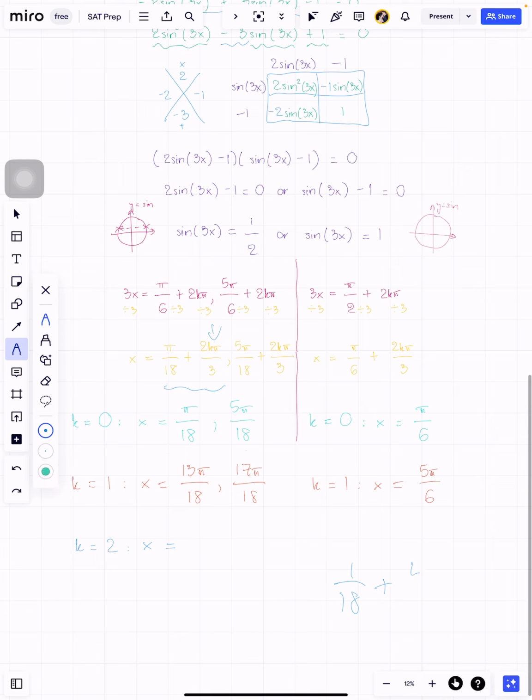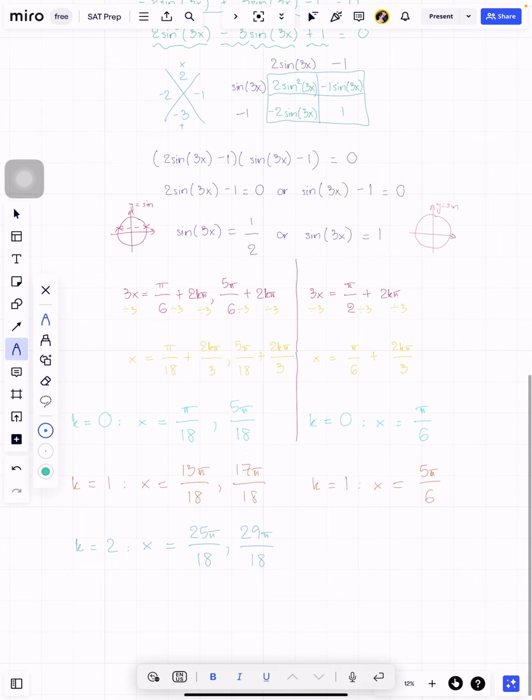Let me clean this mess first, and I'm going to put 25 pi over 18 down here. If we do the same thing for this one, we're going to get 5 over 18 plus 4 over 3 this time, so it would be 29 pi over 18 to be more precise.